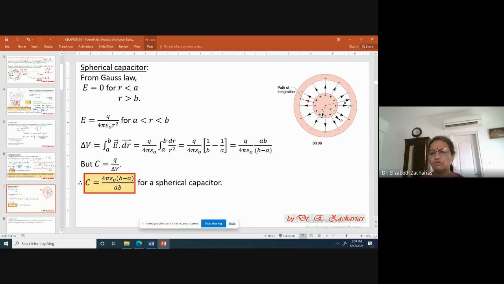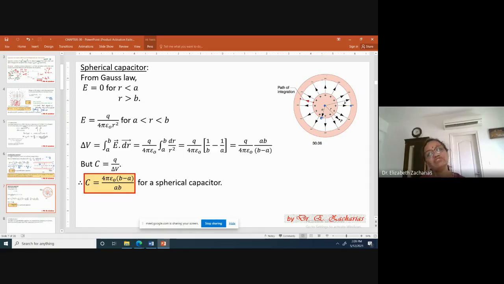Or we can call them electrodes also. Once again, A is this distance from the center to here. What is B? B is from the center to the inner surface. And between A and B, what do you have? Nothing. A to B is simply free space.